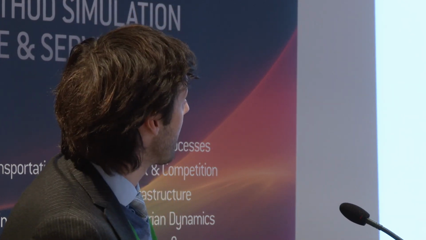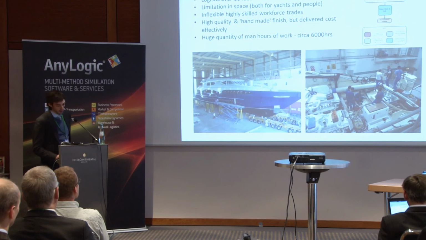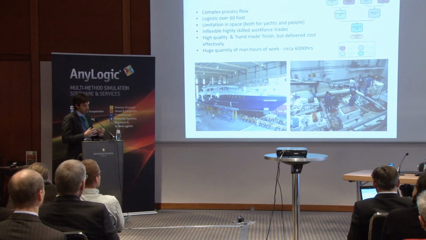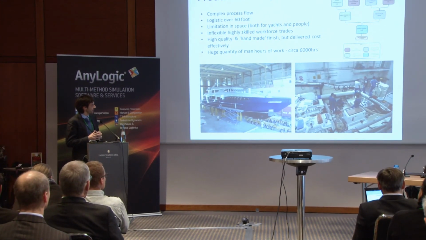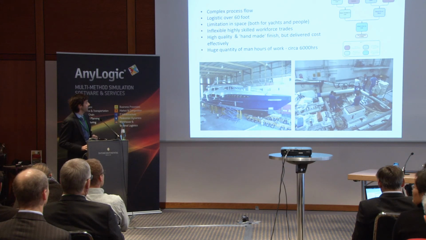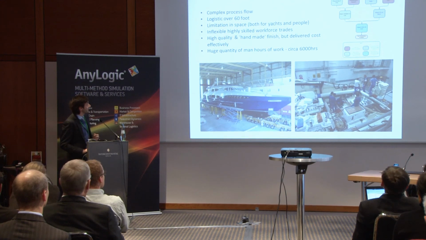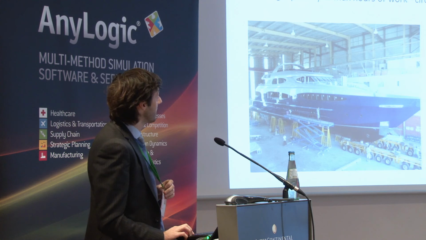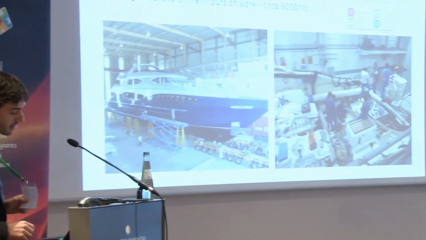Production uniqueness, now some very small bullet points. A complex process flow means a huge amount of tasks and small components that have to be assembled and fitted together on bigger yacht parts that have to be combined in different phases and at different times. Moreover, this complex process flow is complicated by logistics.